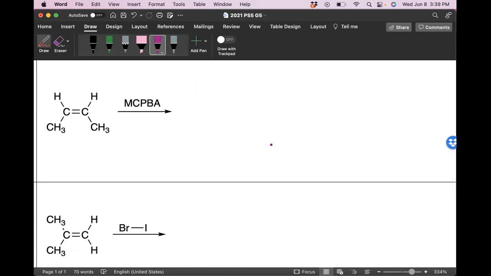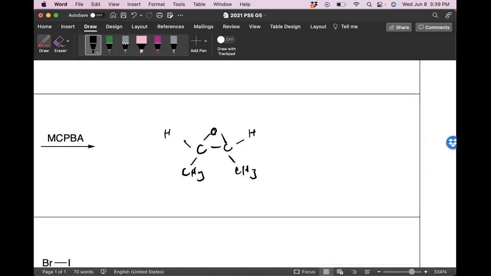mCPBA, that's one of our big peroxides that basically eliminates that alkene and just puts an oxygen between the two. So you can literally just write what you see. Now, this might look correct, but you have to include stereochemistry, because this epoxide is on one plane.